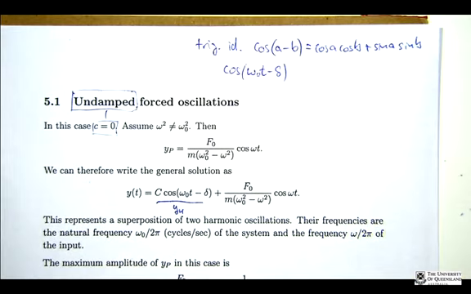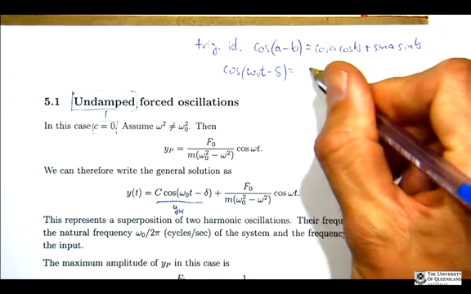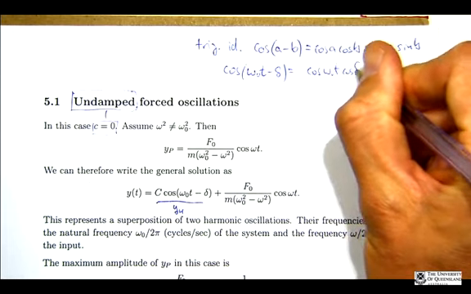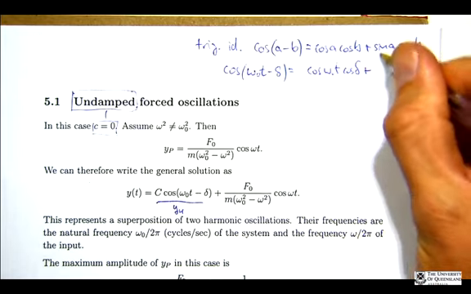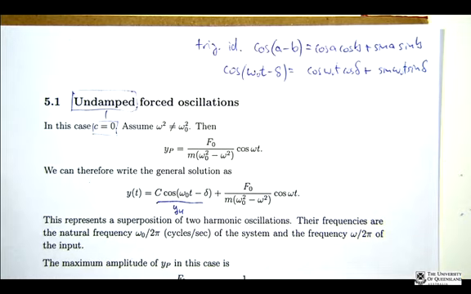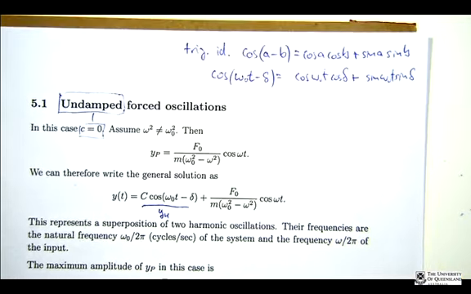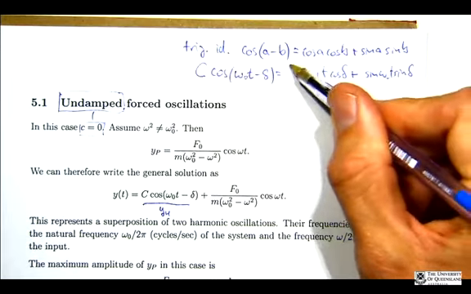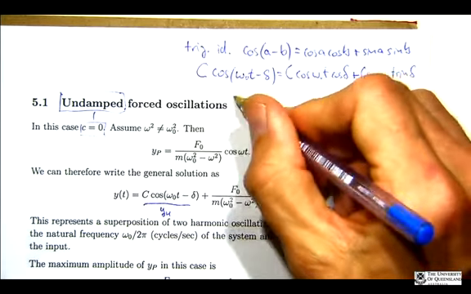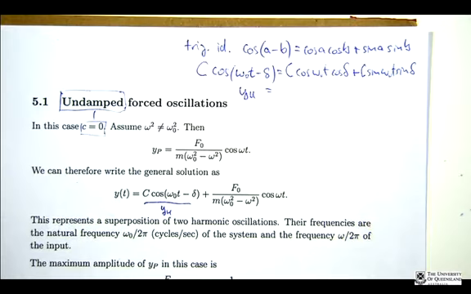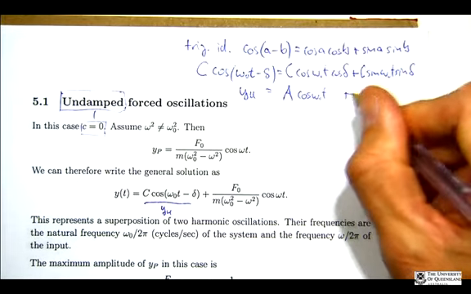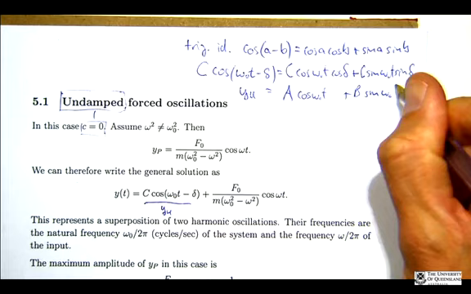Applying that trig identity, we just end up with cos omega naught t times cos of delta plus sine of omega naught t sine of delta. And now if I multiply through by that c, what we can do is compare that with the YH that I had from the previous page, which was just A cos omega naught t plus B sine omega naught t, right?